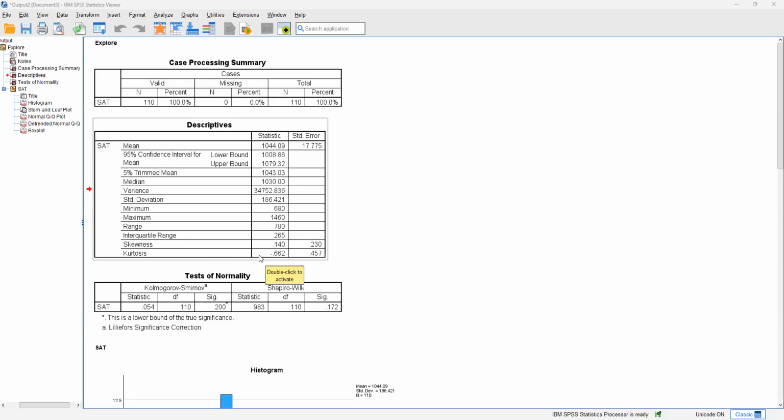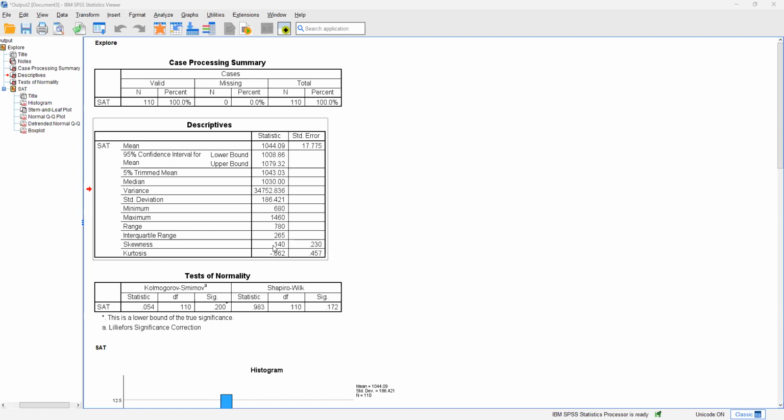First of all, the sign tells you which direction the skew is in. Thankfully, a positive skew statistic indicates a positively skewed distribution. So we have a coefficient of 0.14, and that's positive. So we can say there's at least a little bit of positive lean to the distribution.